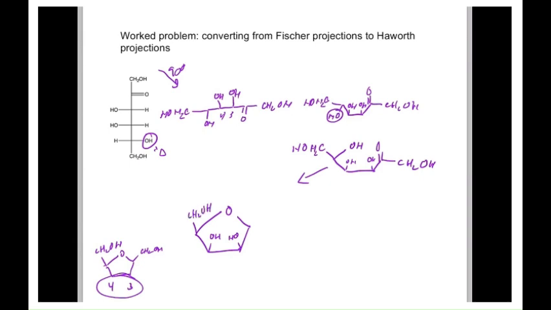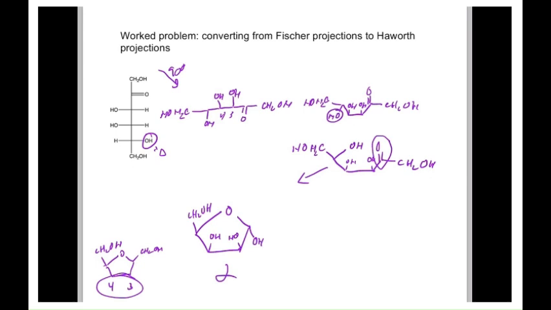There's carbon 6. And then, remember that the carbonyl group is what gives rise to the oxygen on the anomeric carbon. So if that hydroxyl is pointing down, this is the alpha anomer.